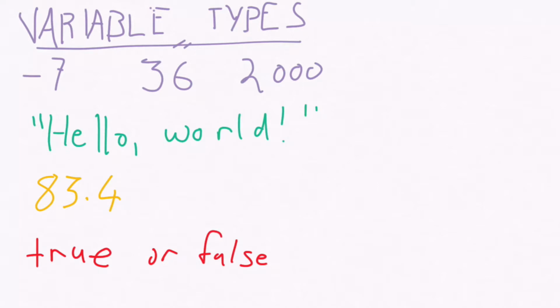A number like -7, 36, or 2000 can be stored in a kind of variable called an int, spelled I-N-T. This is short for integer, which means positive or negative number with no decimal places.